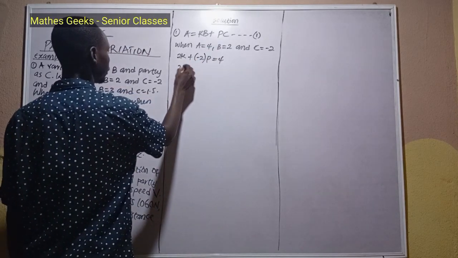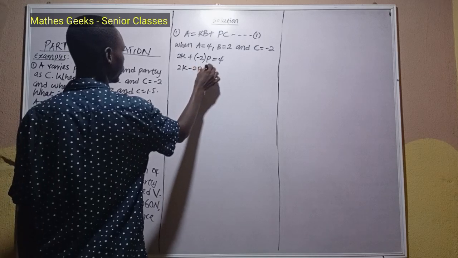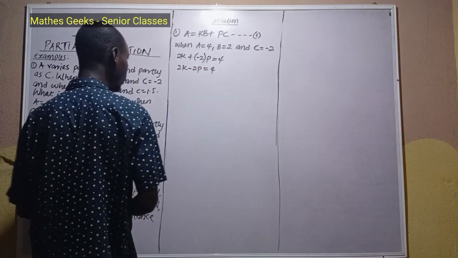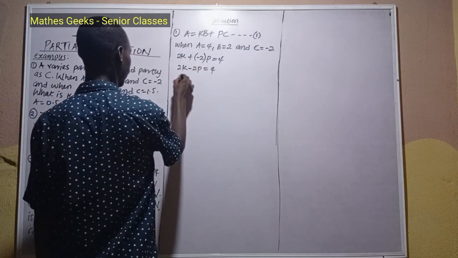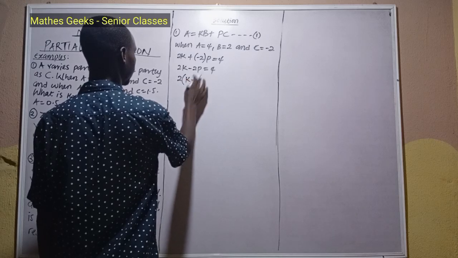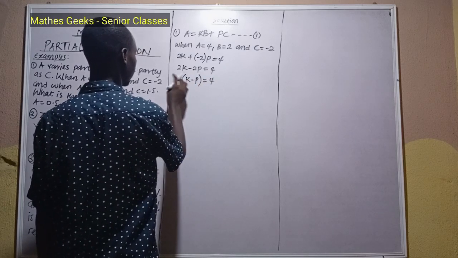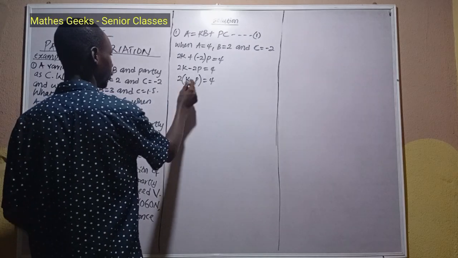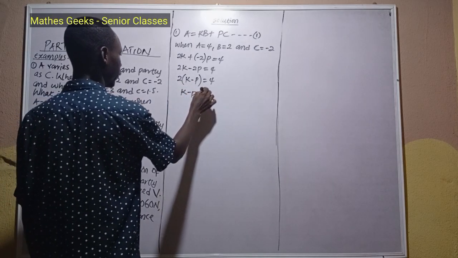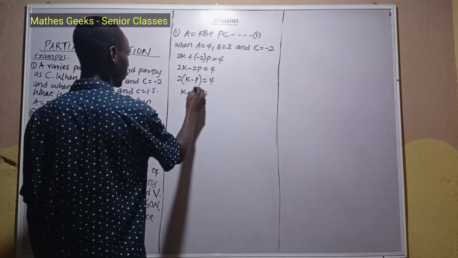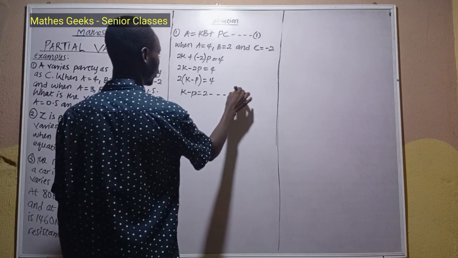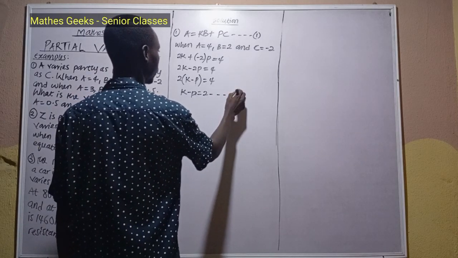So 2k minus 2p is equal to 4. Here we should factor 2 out. We can have 2 times k minus p is equal to 4. So divide both sides by 2. k minus p will be 2. So we can call this equation 2.